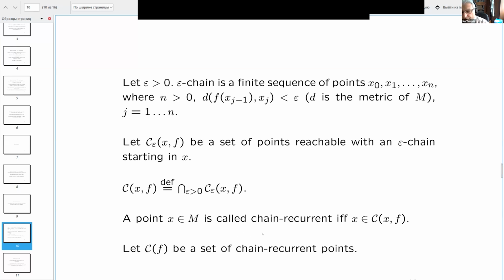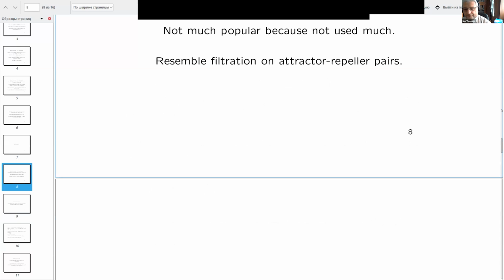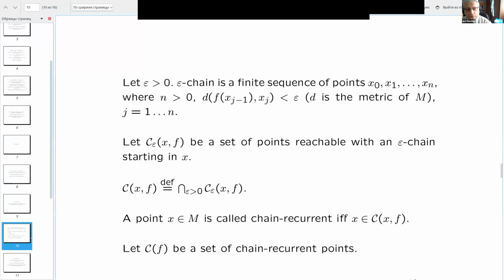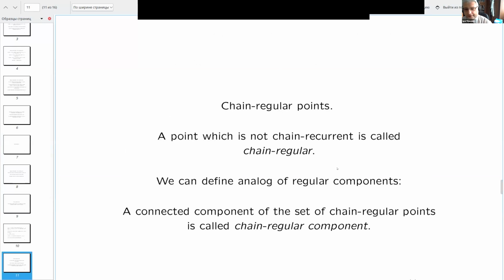A point is called chain recurrent if we can return into it with epsilon chains for arbitrarily small epsilon. And we have the decomposition of our dynamical system into chain recurrent components and chain regular points.